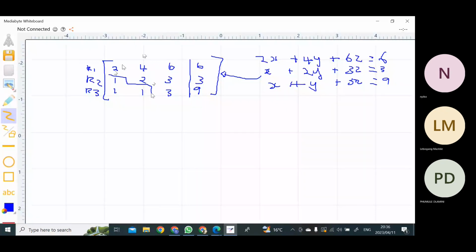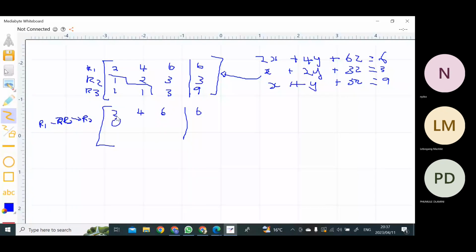We can see that if we say row 1 minus 2 times row 2, we are going to get the new row 2. So I'm going to write 2, 4, 6, and 6. Row 1 is 2 minus 2 times 1, which is going to give us 0.